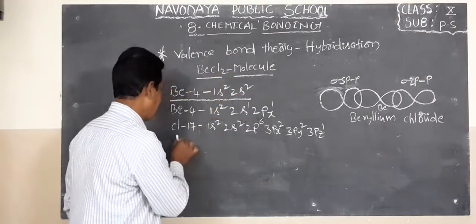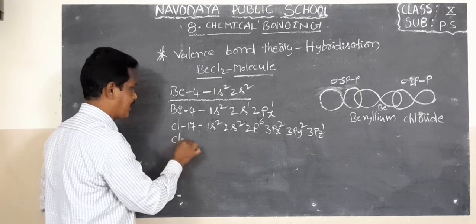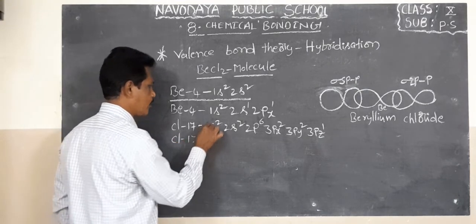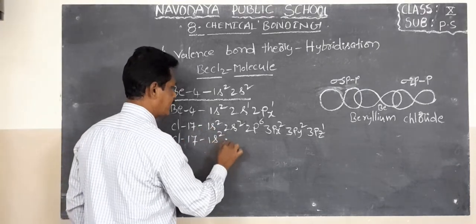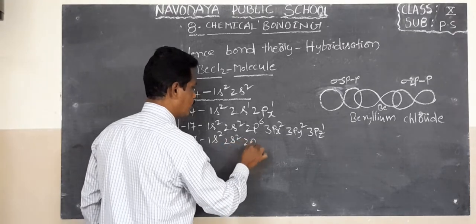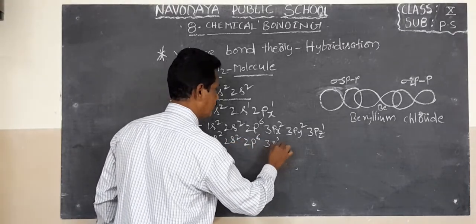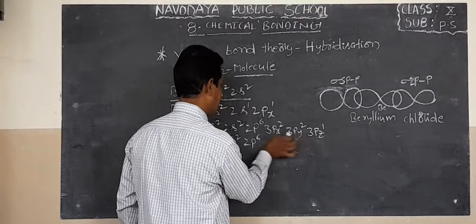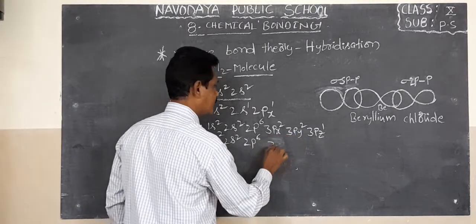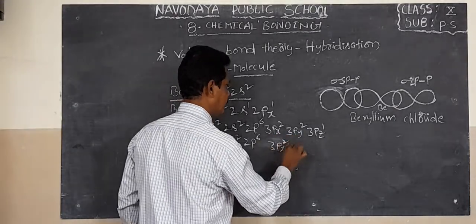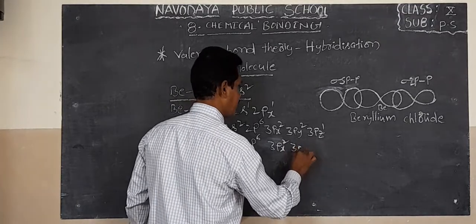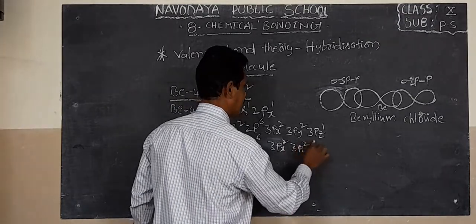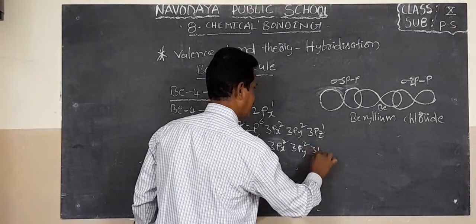The electronic configuration of the other chlorine atom is also 1s2, 2s2, 2p6, 3s2, 3px2, 3py2, and 3pz1.